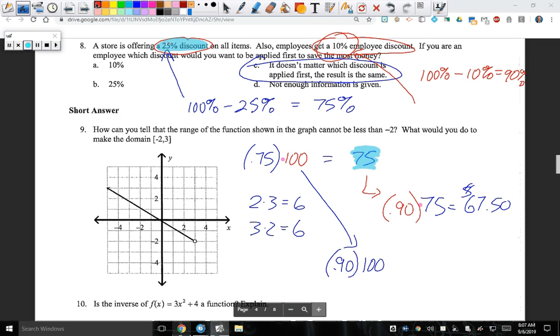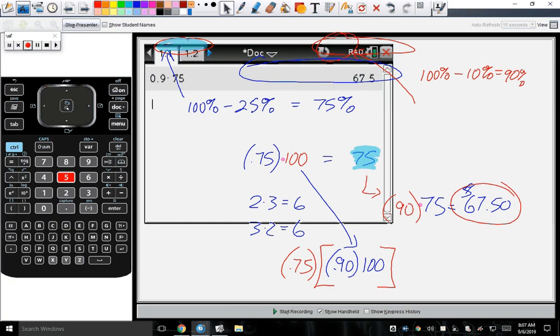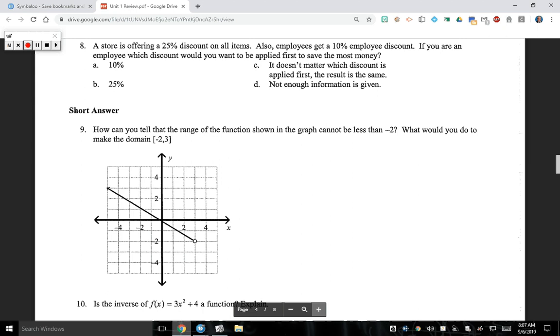And whatever I got from that, I would end up multiplying by 0.75, because I'm multiplying by the remaining 75%. Either way, you're still going to get $67.50 again, because order doesn't matter with multiplication. Let's show that. 90% of 100, you get $90. And if I multiply that by 75%, you see that I still get $67.50. So order does not matter with multiplication.